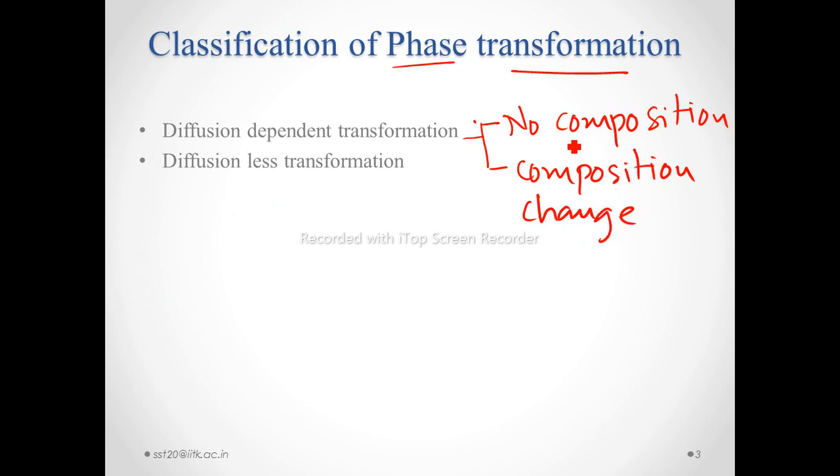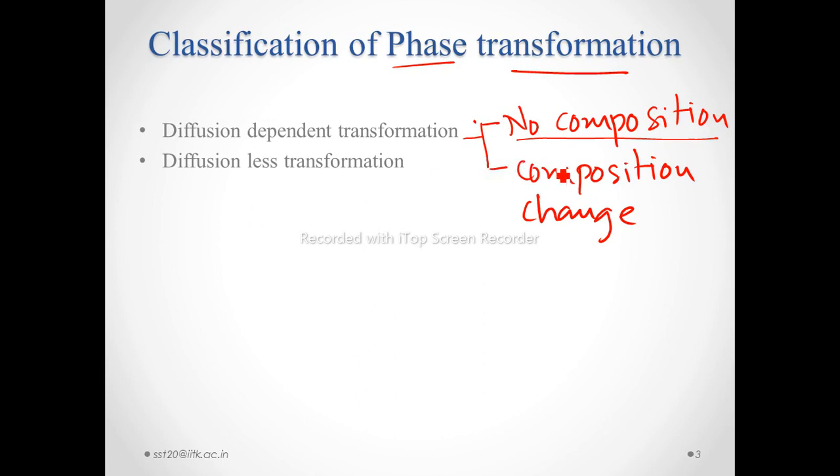Can anyone tell me examples where diffusion dependent transformation takes place without changing its composition? Please write it in the comment section.